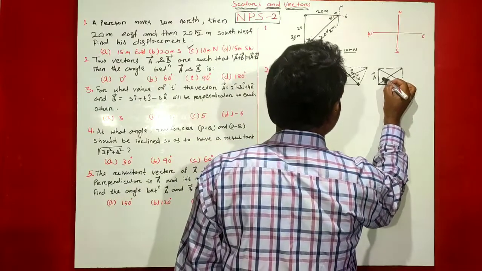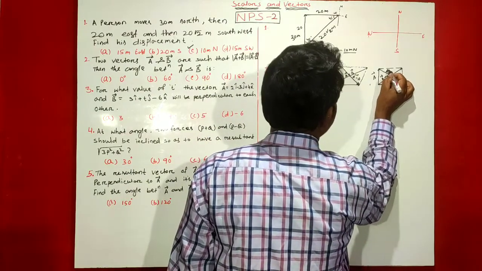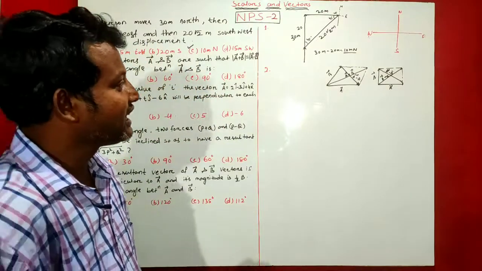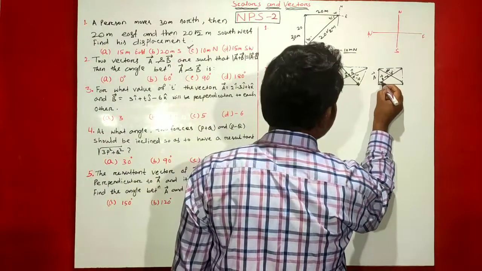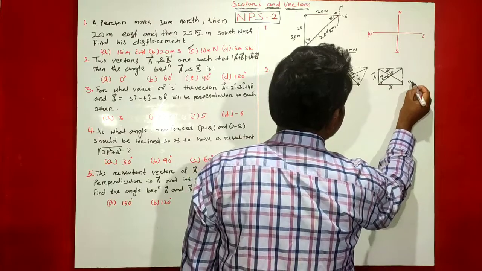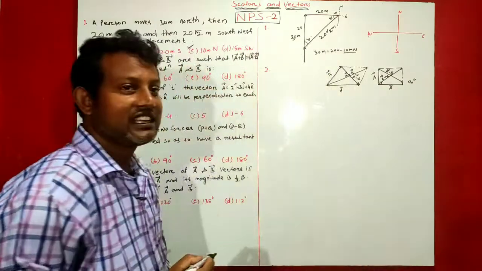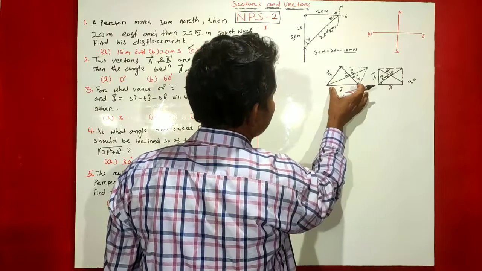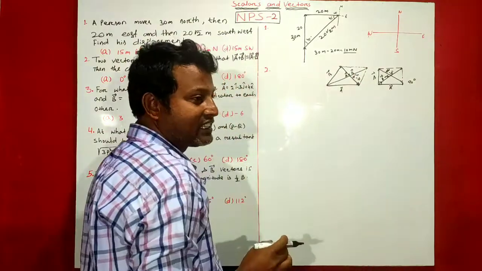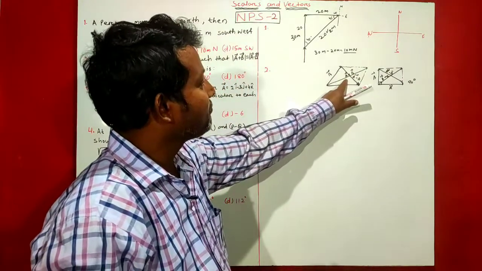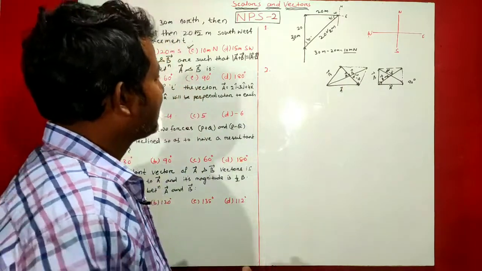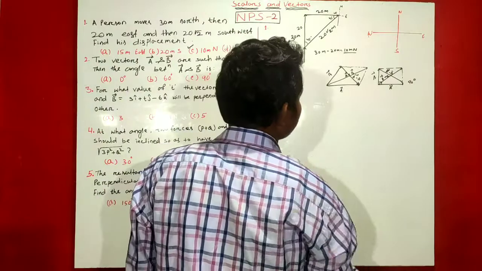Here both the diagonals A plus B and A minus B will be the same. That means the angle between the two vectors is 90 degrees. When this angle is 90 degrees, the diagonals of the parallelogram are equal in magnitude. So guys, this is our visual method.